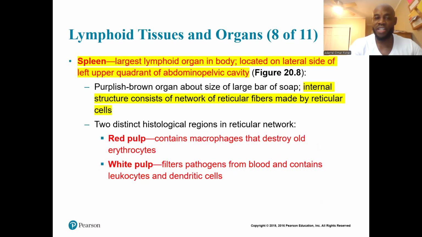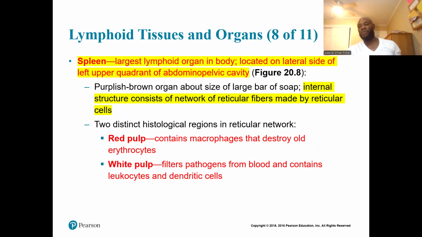Spleen is the largest lymphoid organ in the body, located on the lateral side, away from the midline, of the left upper quadrant of the abdominopelvic cavity. Purplish brown, about the size of a bar of soap. Internal structure consists of reticular fibers made by reticular cells.